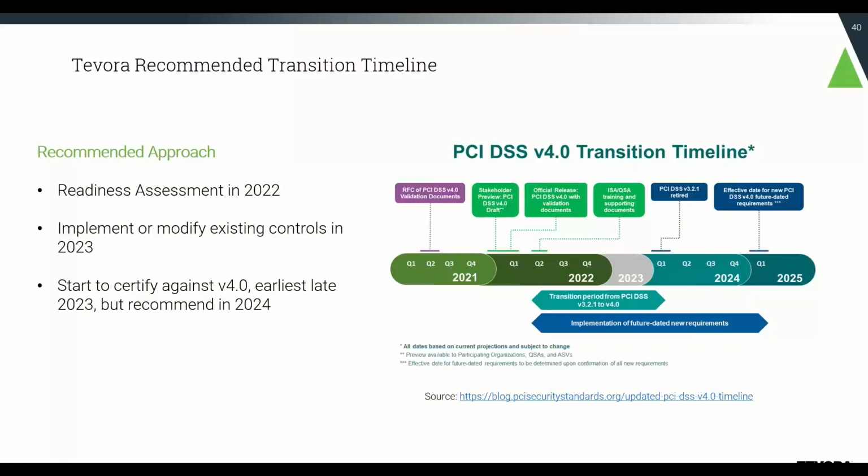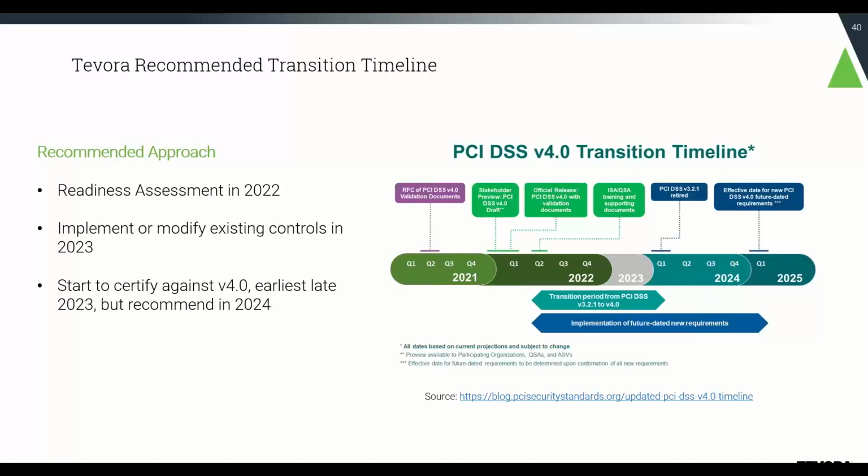We understand organizations like to adopt things a little bit earlier at times, but as mentioned, there's a lot of key changes here. So we recommend in 2022, take a pause, understand and evaluate 4.0 and how it directly affects the organization by performing a readiness assessment, creating a timeline associated with what the organization needs to do from a culture, process, technology, and control perspective.